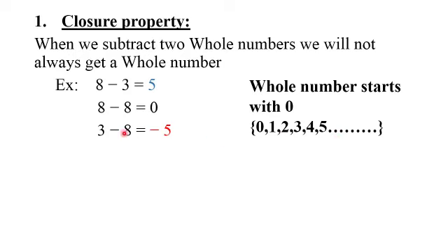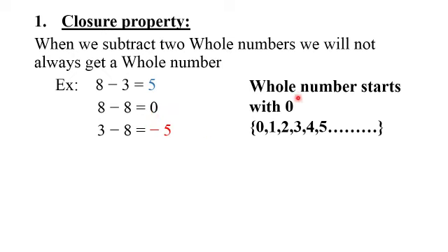When you see the third example, we are subtracting by a greater number. Here 3 is a whole number and 8 is also a whole number, but when you subtract 8 from the lesser number, 3 minus 8, your answer is minus 5. So minus 5 is not in the whole number system.